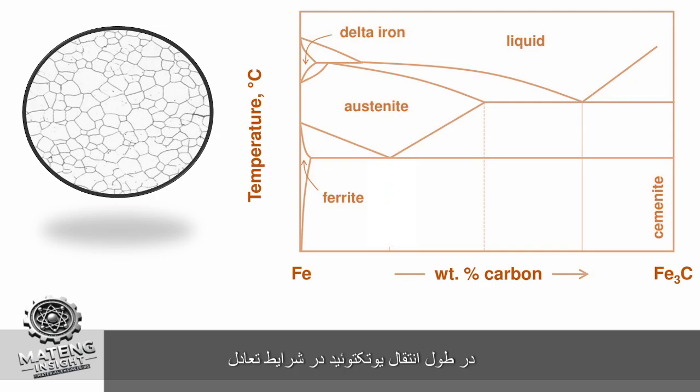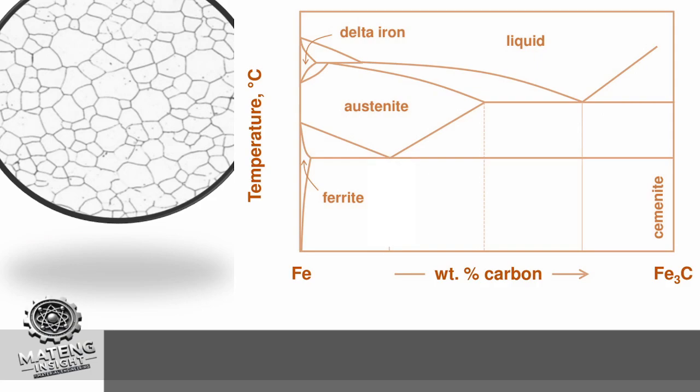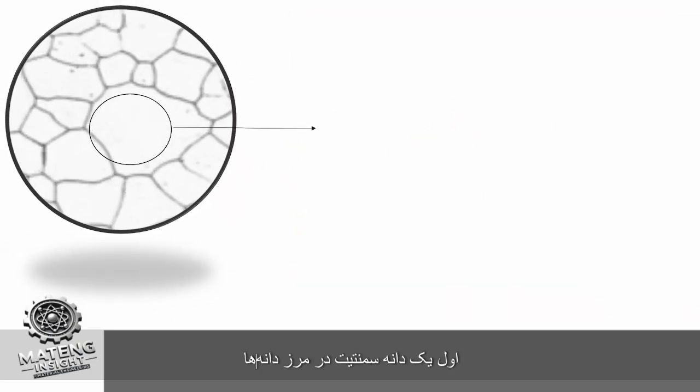During the eutectoid transformation in equilibrium condition, what happens? First, a grain of cementite nucleates on the grain boundaries of primary austenite and extends into the grain, or it is created on an impurity or secondary phases in the microstructure.